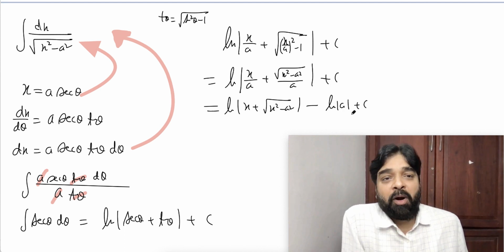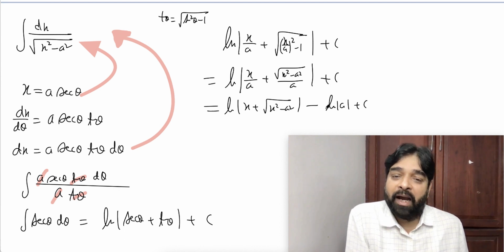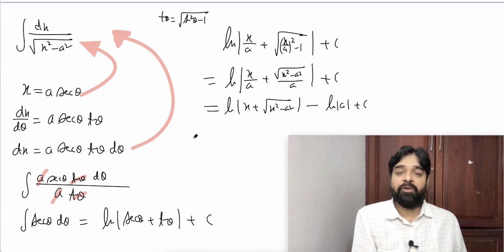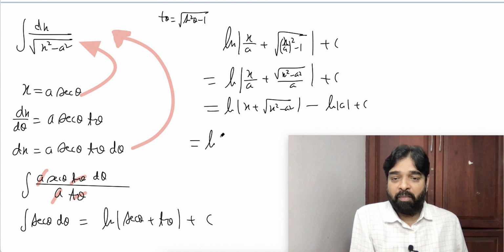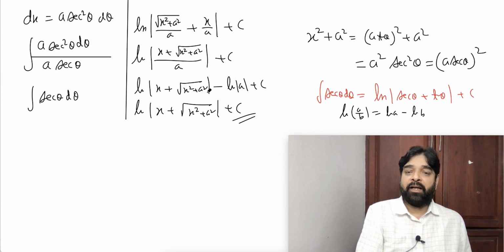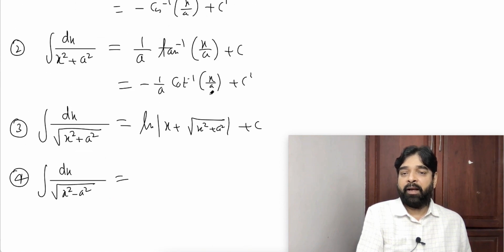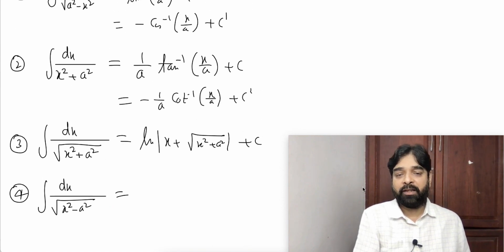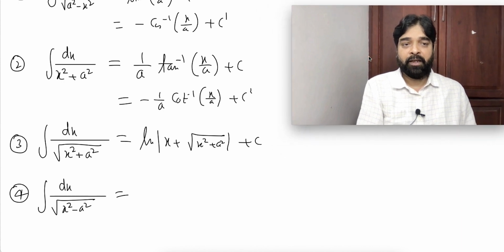And minus ln mod a plus c will be written again as c. So everything is perfect: ln mod x plus root over x square minus a square. You can easily understand that this formula and this formula are kind of the same formula.